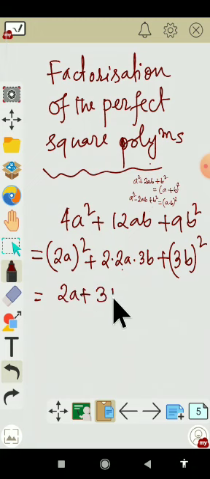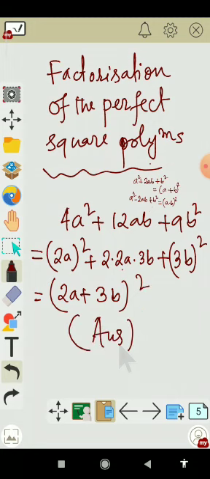So we will get 2a plus 3b whole square, which is the required answer.